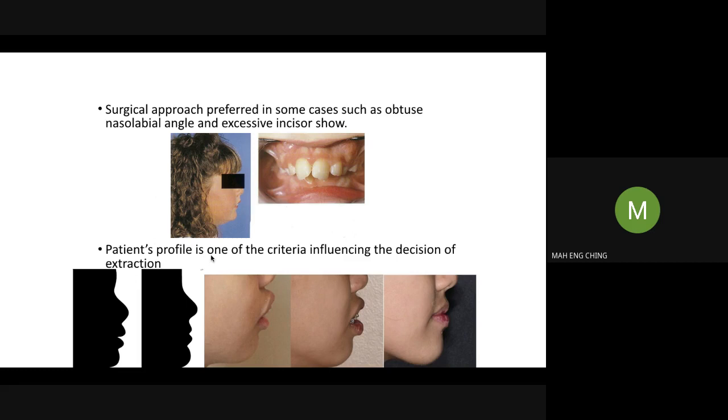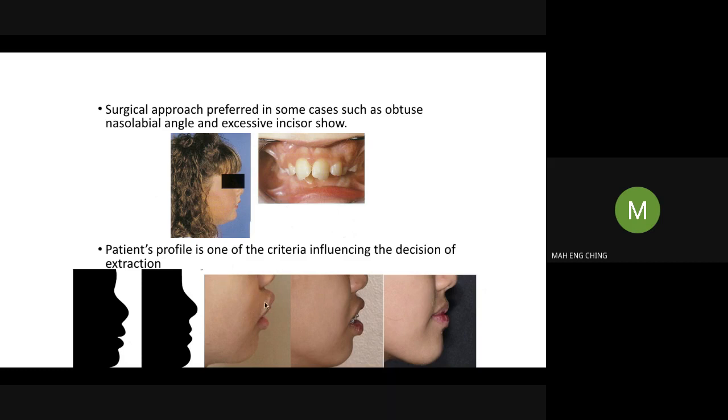The patient profile is one of the criteria influencing the decision of extractions. A lot of the time, if the lips are sticking out, with protrusion of the upper lip and lower lip, we take out teeth, then bring the upper and lower incisors back. By doing that, we flatten the profile quite a bit. Look at these pictures on the right: you see the upper lip is protruding.